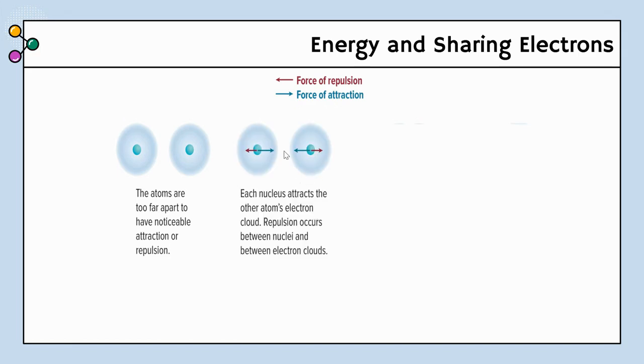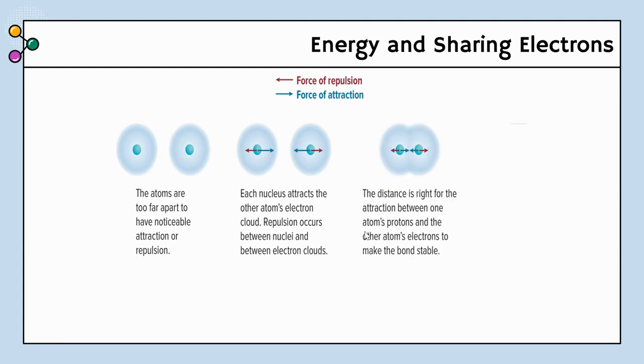As we bring those atoms together, the nuclei will basically repel one another, but the electrons in each atom are going to be attracted to the opposite nucleus, which is positive, because again, their charges are opposite, negative for the electrons and positive for the protons.